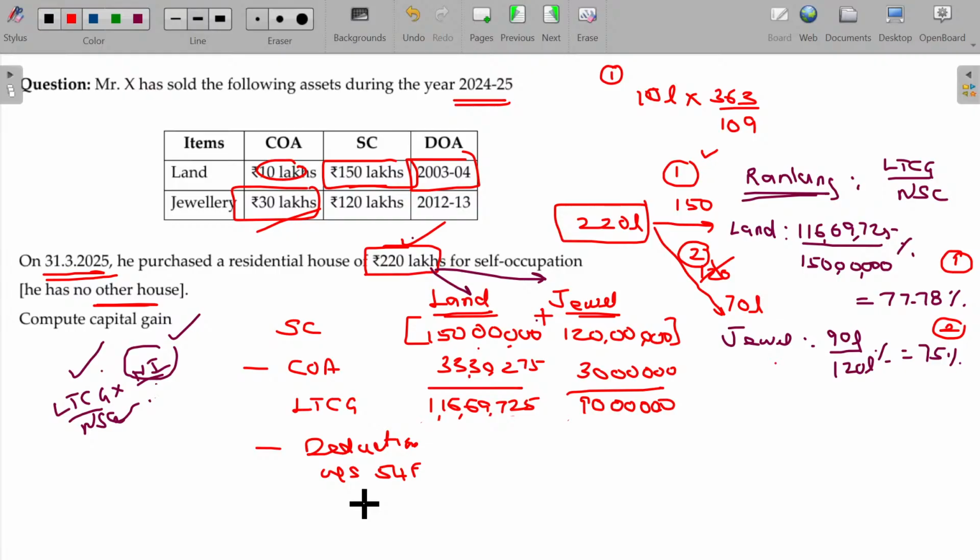Long-term capital gain divided by net sale consideration. If you apply this in this way, you will be getting more deductions. Now let's see for the land.